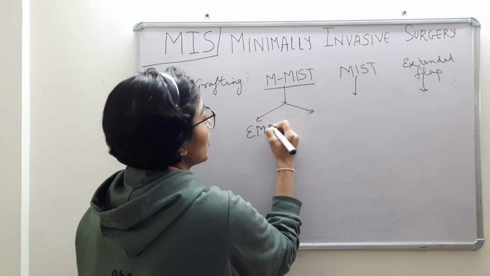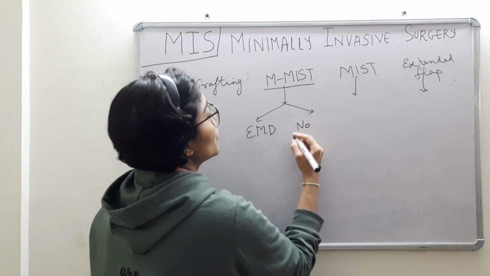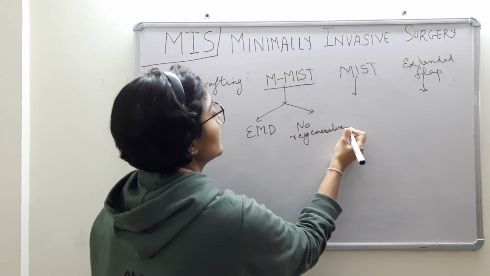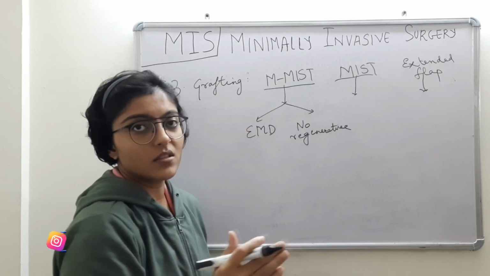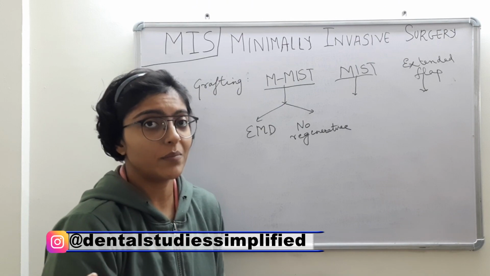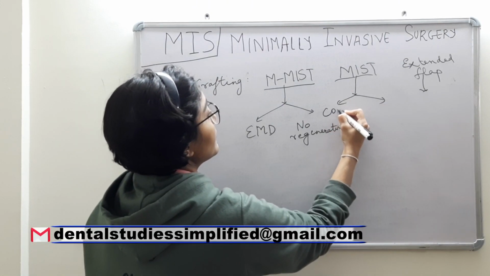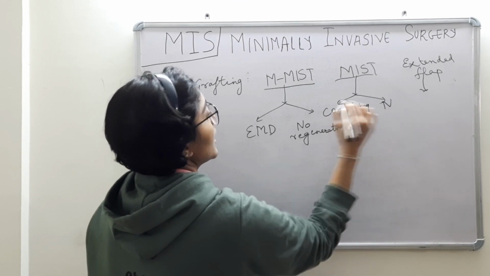If you perform, the material of choice is endogen, or either you don't perform, that is no regenerative procedure performed. Clear? And in MIST, it involves 1/3 of the roots but not cleansable from the buccal aspect. The question is whether the defect is containing or not.